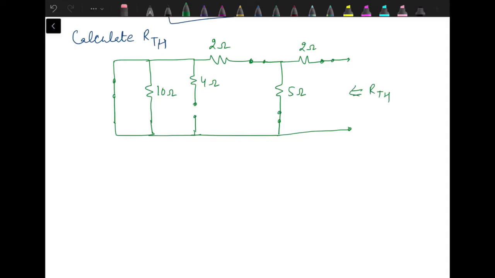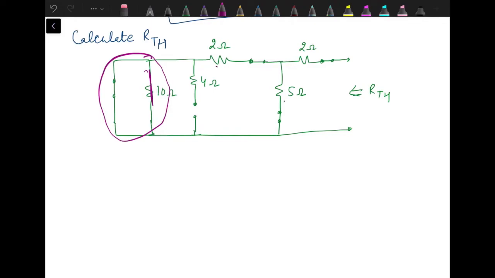Now this 10 and short circuit, they are in parallel. So basically this 10 ohm will get short circuited as well. 4 ohm is not there in the circuit. So what we have, 2 and 5, they are in parallel.